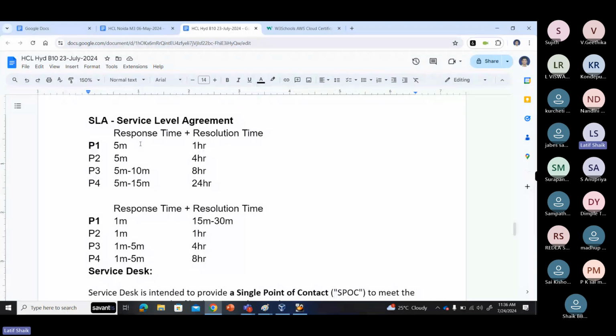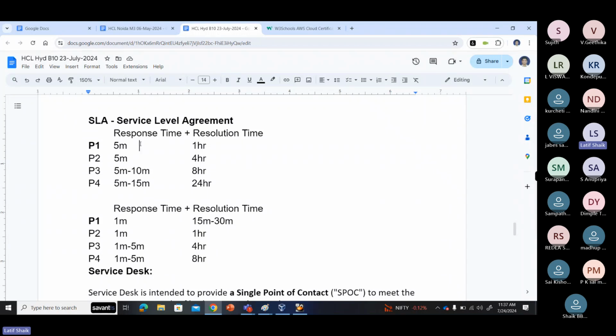So for example, certain pages are not loading properly, certain scripts are not loading, or certain applications are not working or loading properly. Okay, so it becomes P2 or P3, and you get more time to resolve it. That's exactly what is happening.